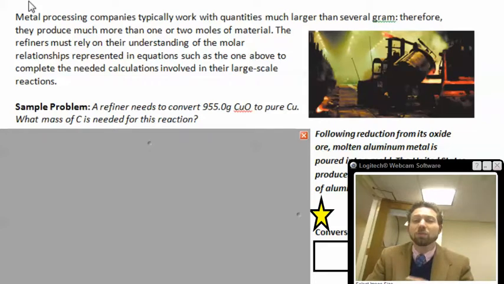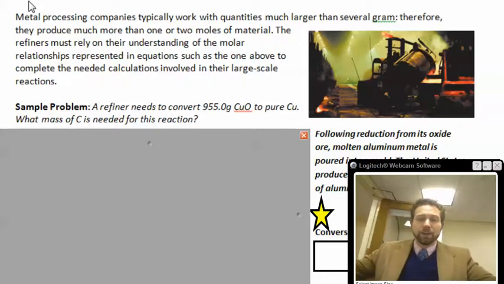Therefore, they produce more than 1 or 2 moles. They rely on chemical equations like what we had above, but they need to make some calculations to convert it into large-scale reactions.